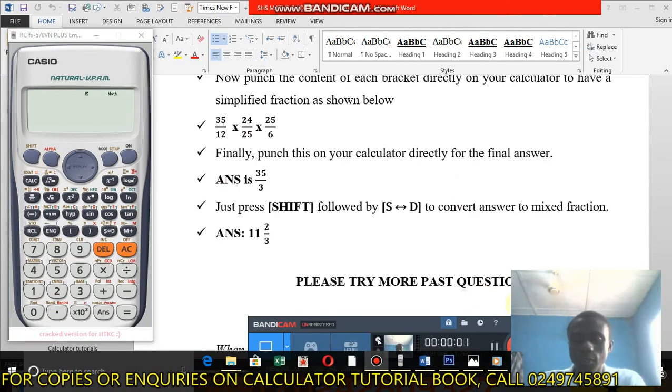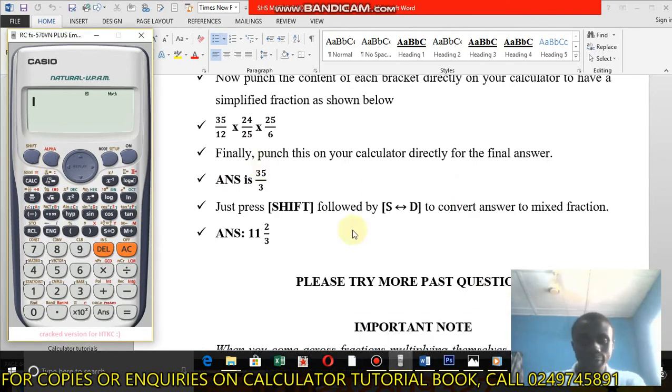Okay, so there are two ways to find the LCM on your calculator. If you have this type of calculator, fx-570 VN Plus, your LCM is directly on your calculator, on top of the division sign. It is written in pink color.